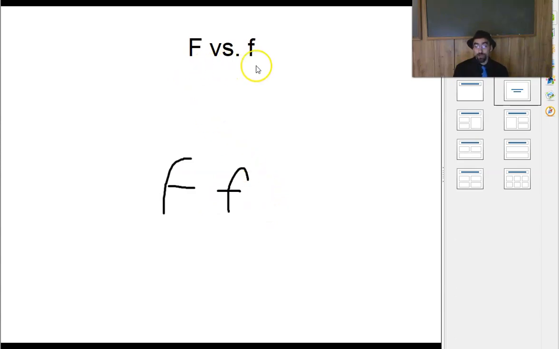Capital F versus lowercase f. When you're writing by hand, yeah, the capital F will have a sharp corner up here. On a computer screen, it's tough to always get sharp corners without really slowing down your writing speed.